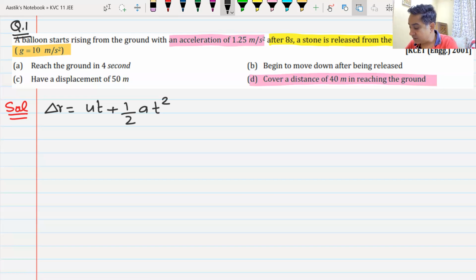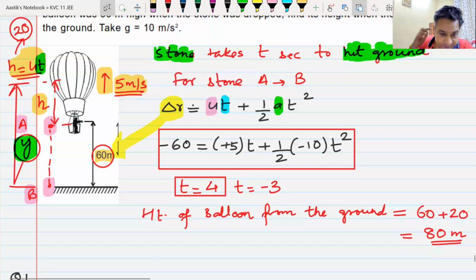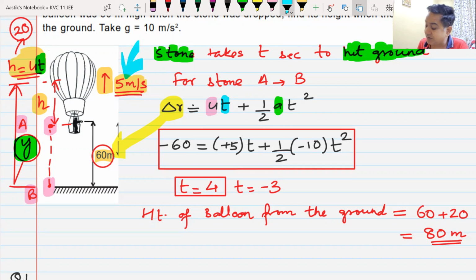That is not good. Anyways, if I compare this with the previous question that I had done, in the previous question there were two things that were specifically mentioned. The first thing was the velocity of the balloon, and the second thing was the height of the balloon.